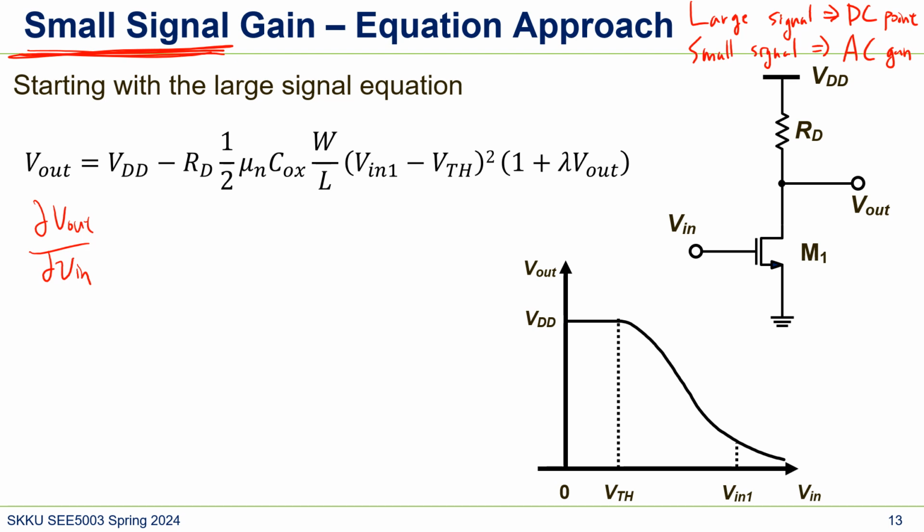So let's say we have a DC operating point, V in DC, and with this V in, we also get V out, right? If we give some AC signal around V in, then V out will also move, and we can derive that from this equation too. So what we're doing here is that we just differentiate this equation.